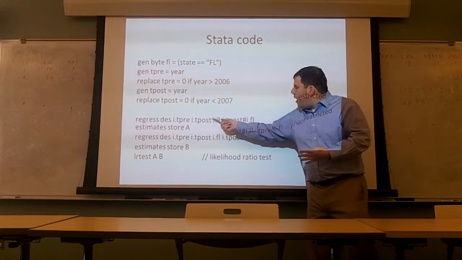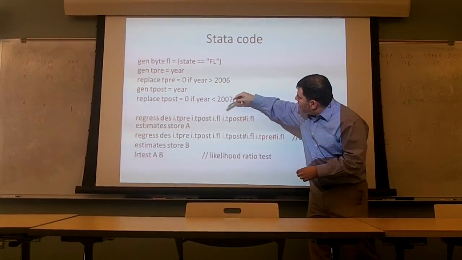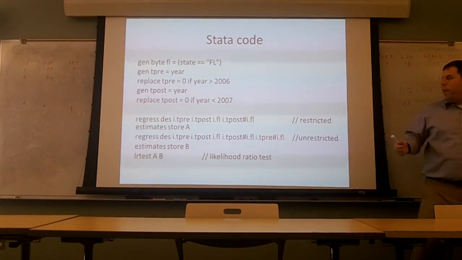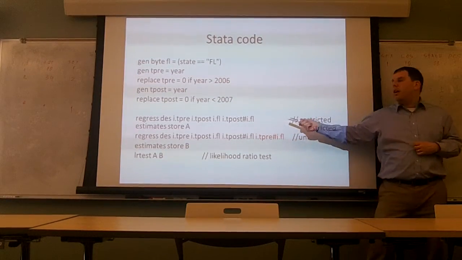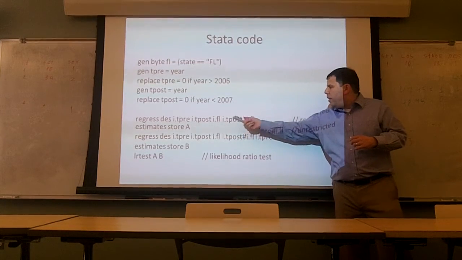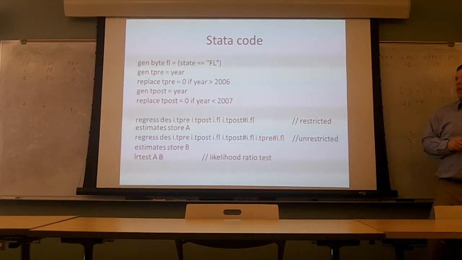And then this is kind of hard to read, I realize, in this font. I should use a better font instead. I.fl is the dummy variable for Florida, and then I.tpost pound I.fl is the interaction of the post period trend, which is a set of dummy variables, and the dummy variable for the state.